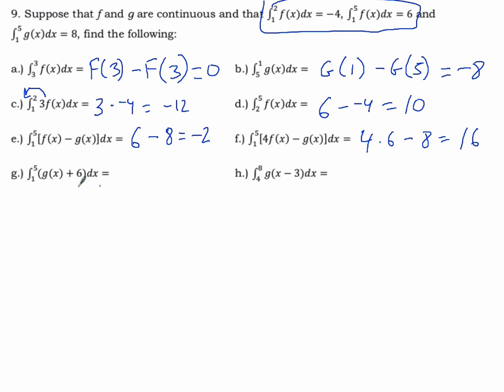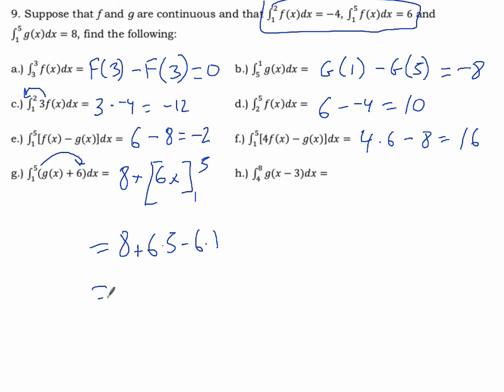Here you can do the integral of g of x, which is 8, plus the integral of 6 is just 6x, evaluated from 1 to 5. That was 8, plus 6 times 5 minus 6 times 1, which is 8 plus 24, which is 32.